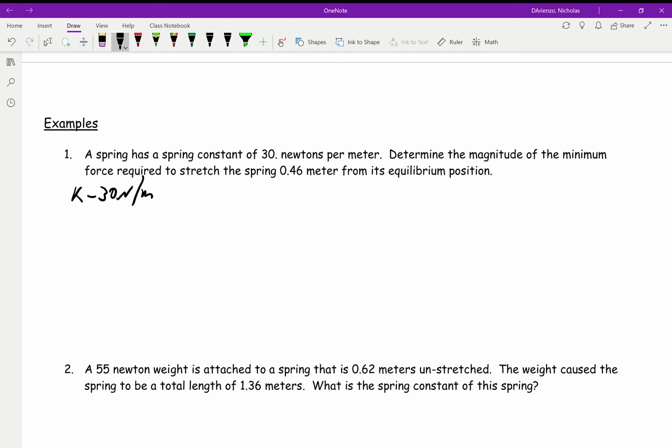Determine the magnitude of the minimum force required to stretch the spring 0.46 meters from its equilibrium position. So we want the minimum force required, which we don't know, in order to stretch the spring 0.46 meters from its equilibrium position.